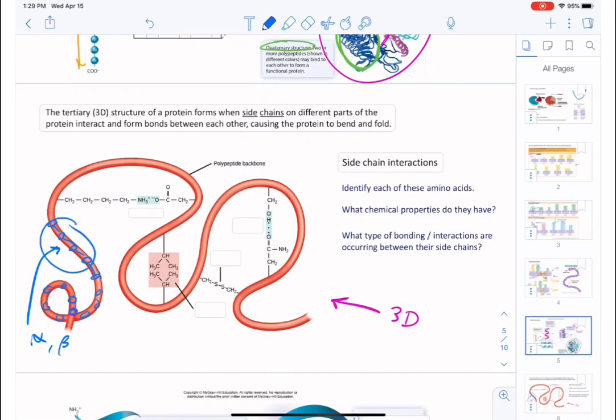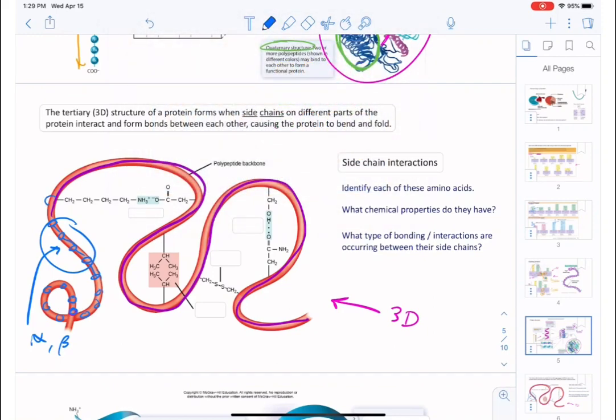But what's happening here is that the protein is now folding back on itself, and it's achieving its three-dimensional structure. And the reason it's folding back on itself and it's able to do this is because you get interactions between the side chains.